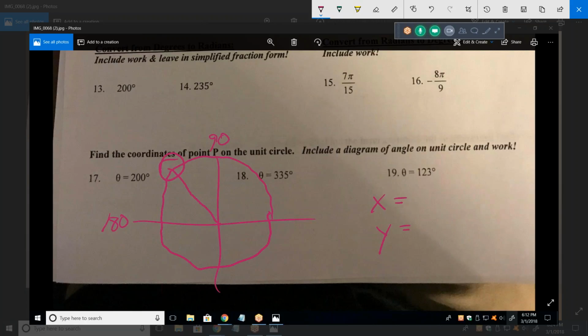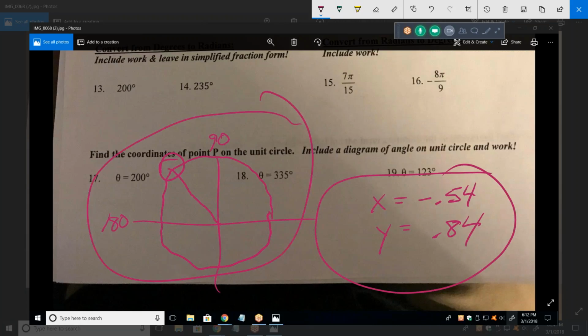Negative 0.54. That's correct because I'm on the left side of the y-axis, so my x-coordinate should be negative. And my y-coordinate, 0.84, should be positive because I'm above the x-axis. And so that's correct. And that's a reasonable drawing of it. I'd label this point, but they give us such weird numbers here. Not weird, but long.